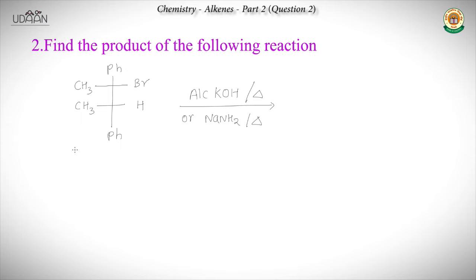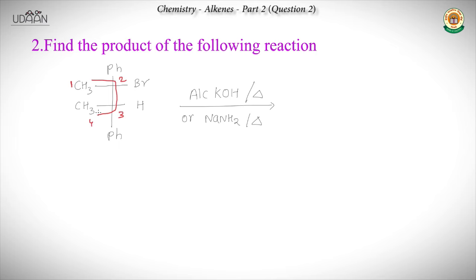First, as per IUPAC nomenclature, you have to choose the longest possible carbon chain. As you see, this is going to be your longest possible carbon chain. Then you have to number this chain as per the lowest locant rule. So you're going to name this 1, 2, 3, 4.